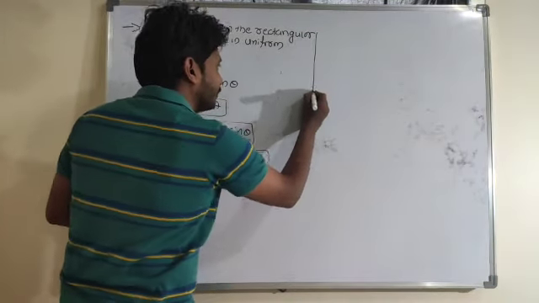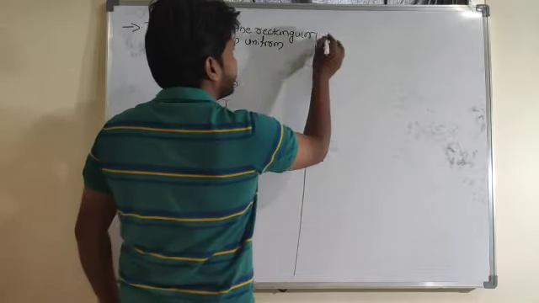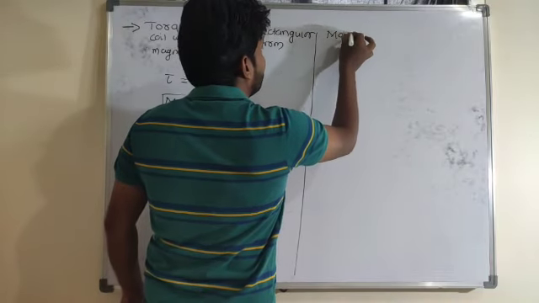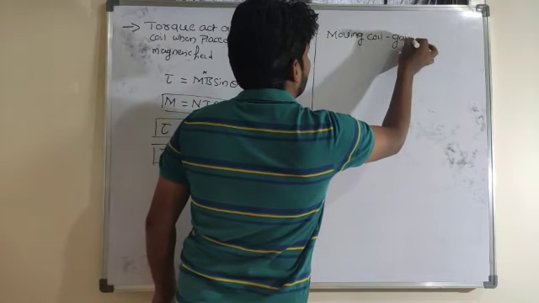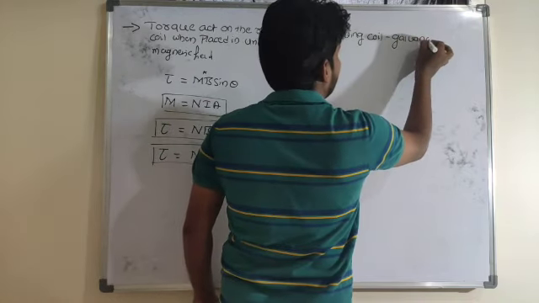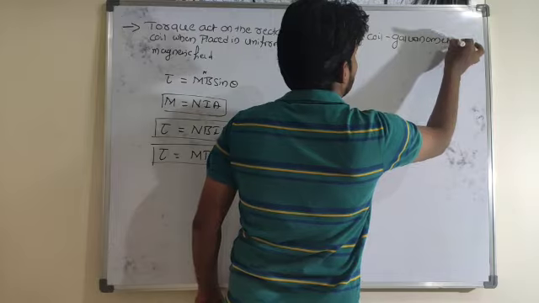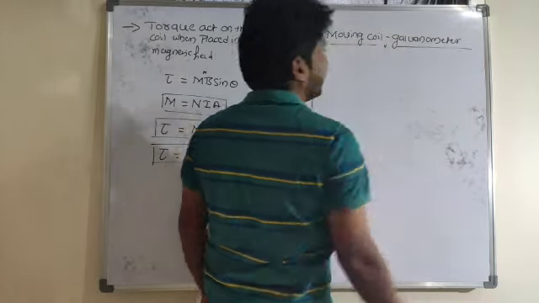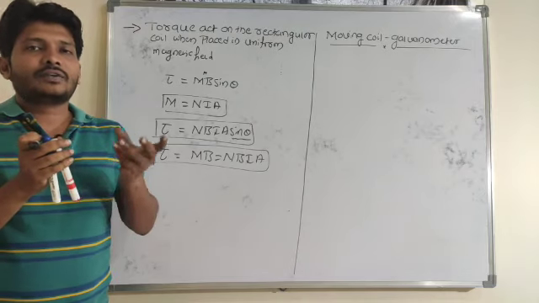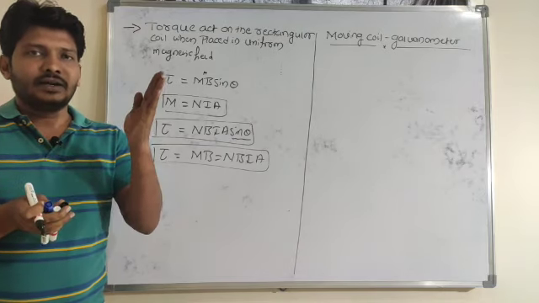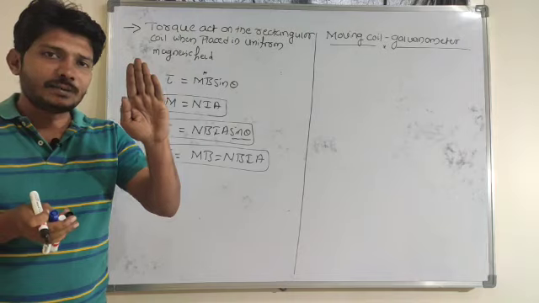So in case of the moving coil galvanometer, I will consider a spring here. When torque acts on the rectangular coil, the rectangular coil gets tilted by a certain angle.